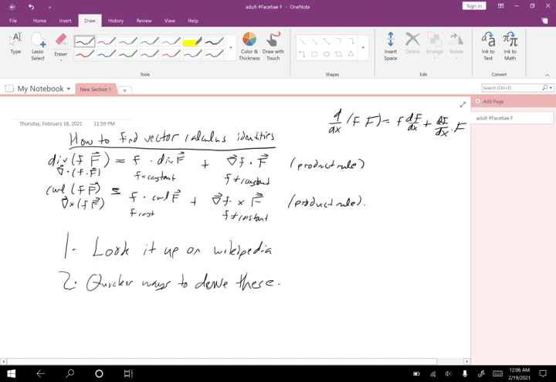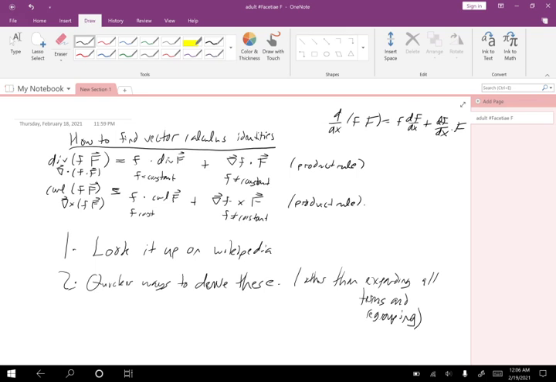Because other than expanding all the terms and regrouping, which to me sounds quite painful, because you've seen how large the cross products can be. So I suggest not doing that.